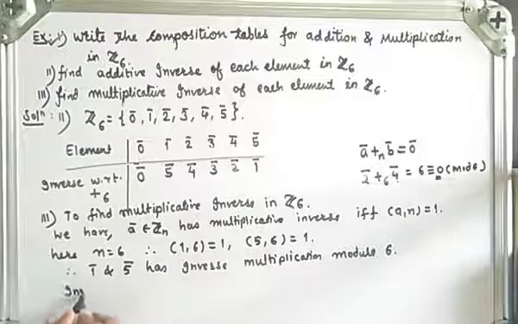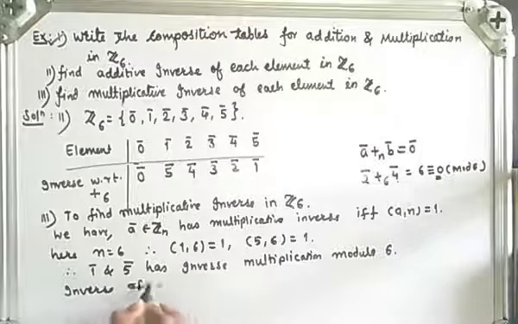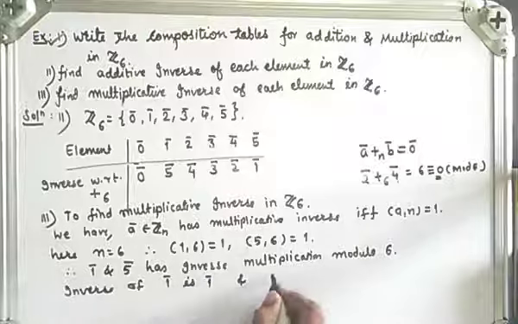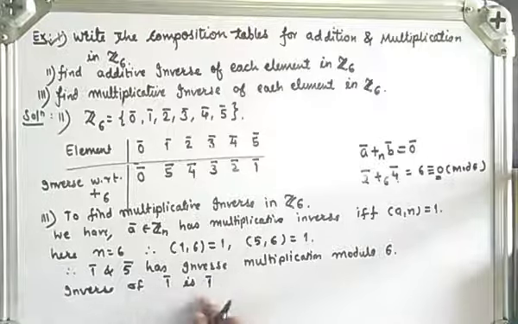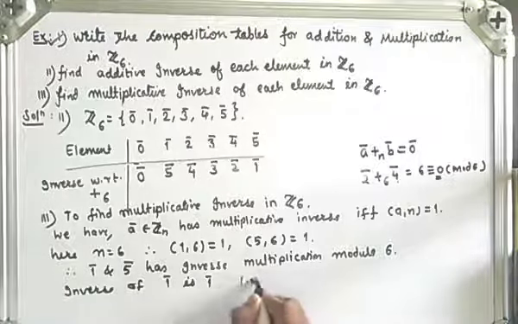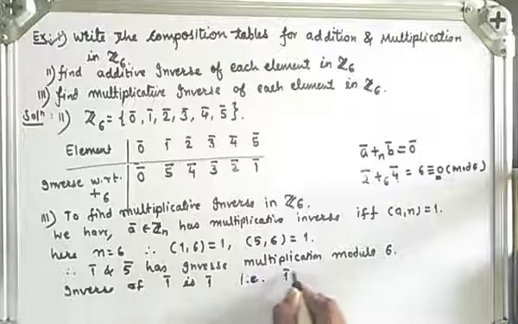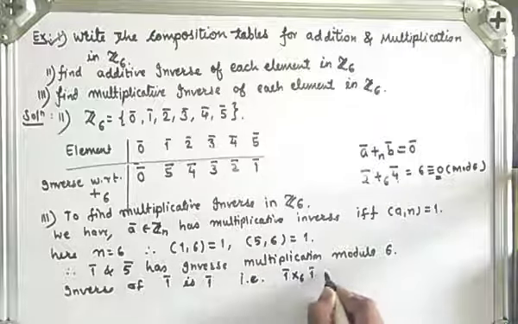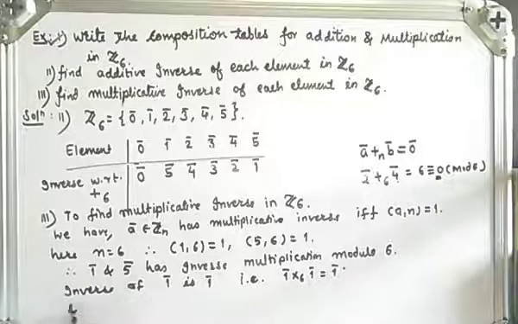Therefore inverse of 1 bar is 1 bar, because the product of these two will be 1, that is 1 bar multiplication modulo 6, 1 bar is equal to 1 bar.